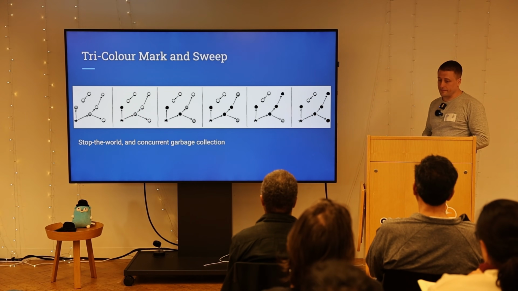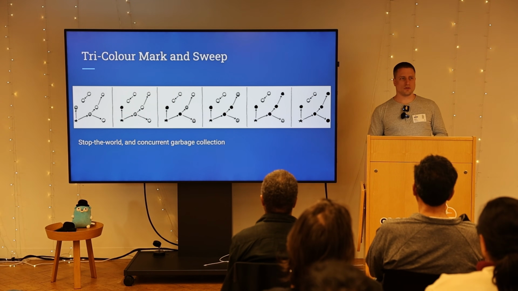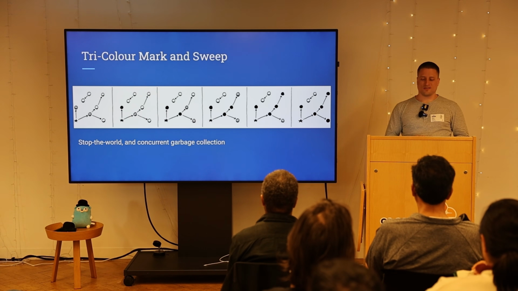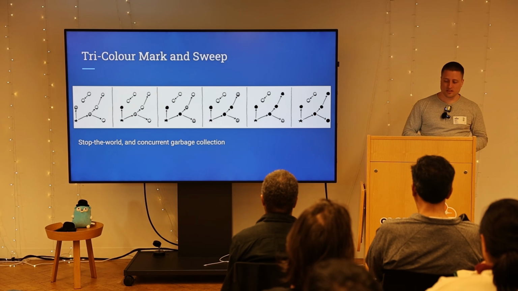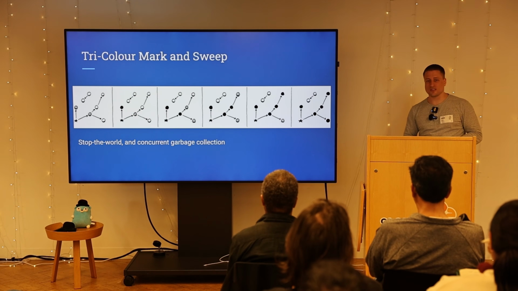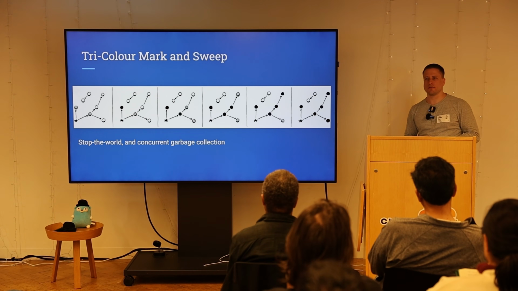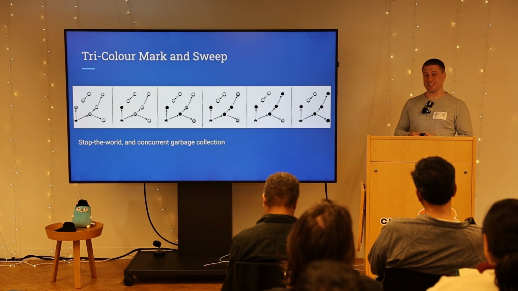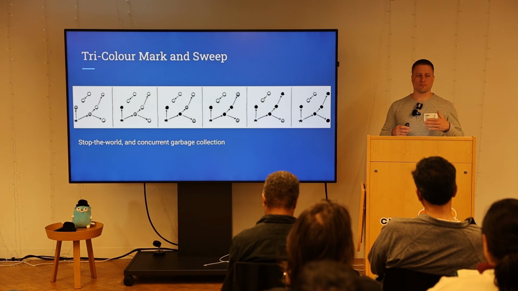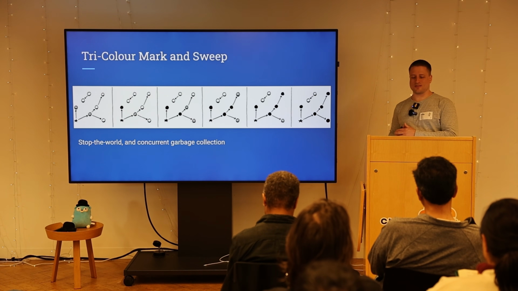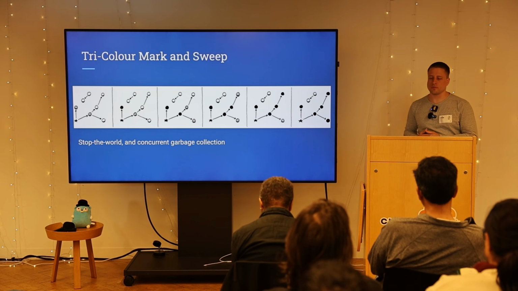There is a brief stop the world when it comes to identifying root objects. It's difficult to benchmark, sometimes takes about 100 microseconds, and doesn't really increase with the amount of memory that's been allocated. It can take a little longer if you have a very large number of Go routines running, but it's not that intrusive in terms of performance.